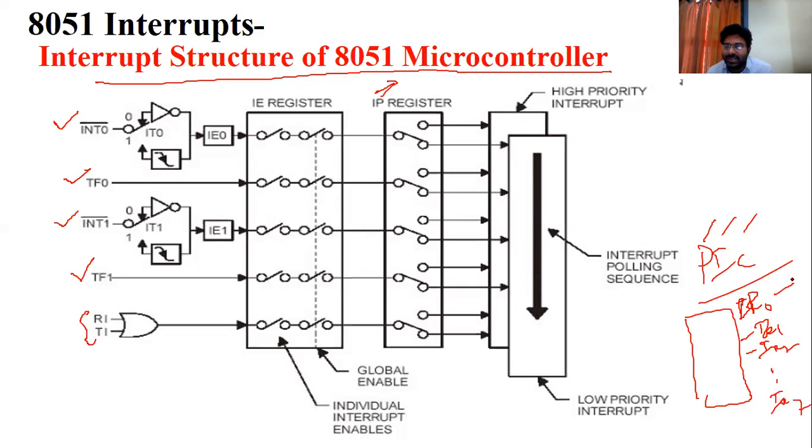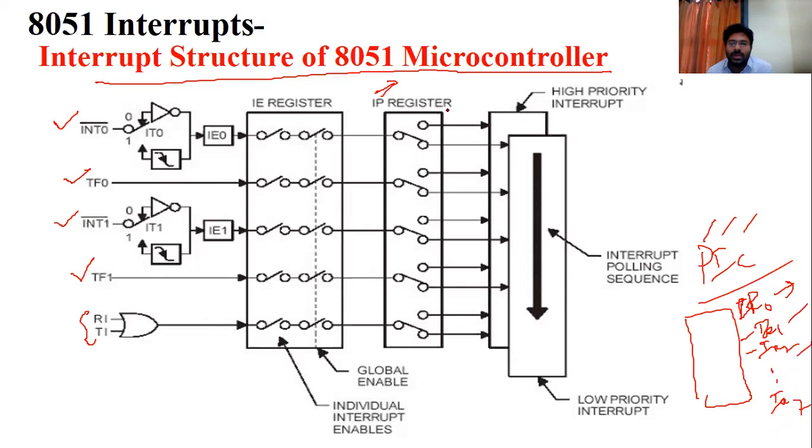Whenever any device is connected to the IR0 pin, that device is the highest priority device. Then the IR1, then the IR2, and so on. IR7 is the least priority device. When you write the programming to this one, you are also changing these priorities. Suppose IR0 is the lowest priority according to your program.